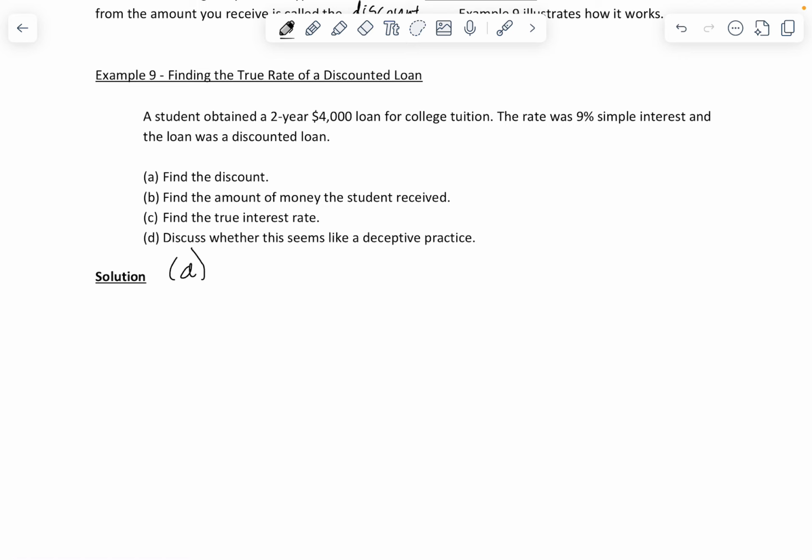The discount is the total interest for the loan. So let's identify the principal. That's the $4,000. Okay. The interest rate, it says that's 9%, 0.09.